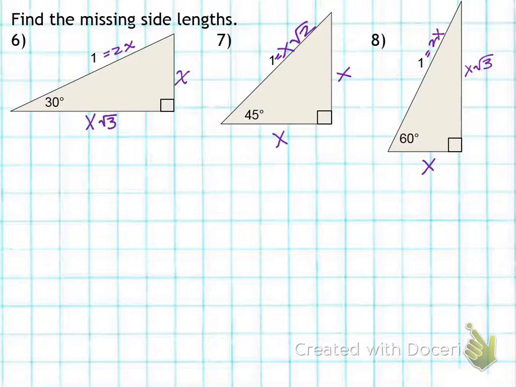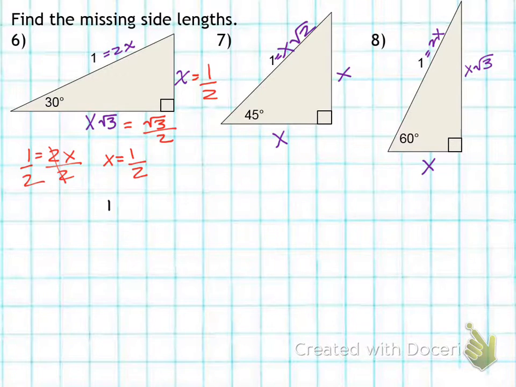Okay, starting on number 6 here. I use this equation that it gives me to solve for x, so I divide both sides by 2. That gives me x equals 1/2. So the short side is 1/2, and the longer leg is root 3 over 2.